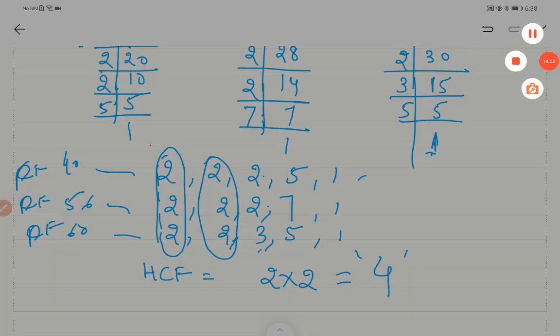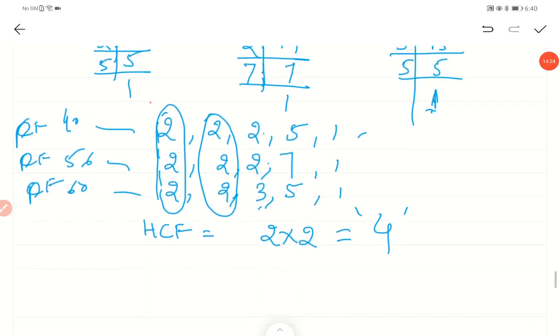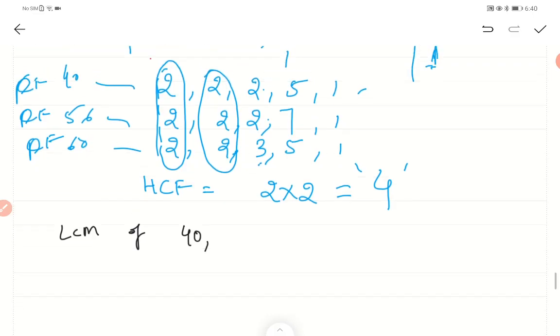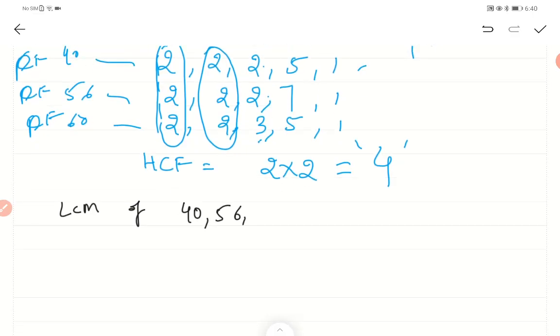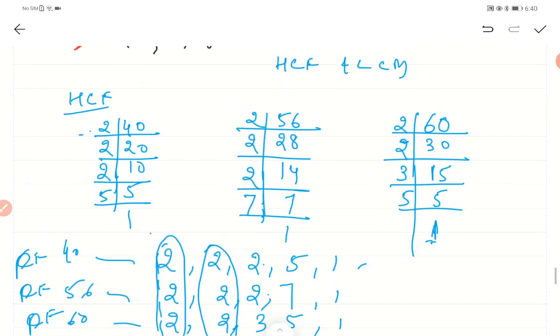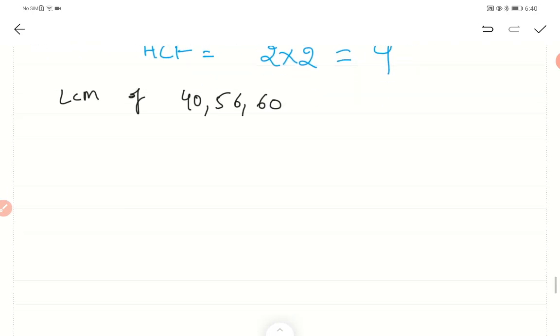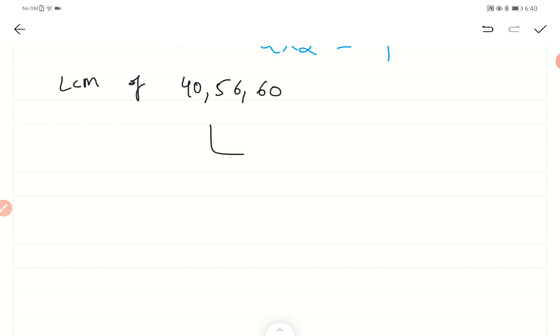Okay, so for the same numbers, let's find out the LCM. LCM of 40, 56 and 60. For HCF we took each number individually to find the prime factors. Now for LCM, you will take all the numbers together like this.